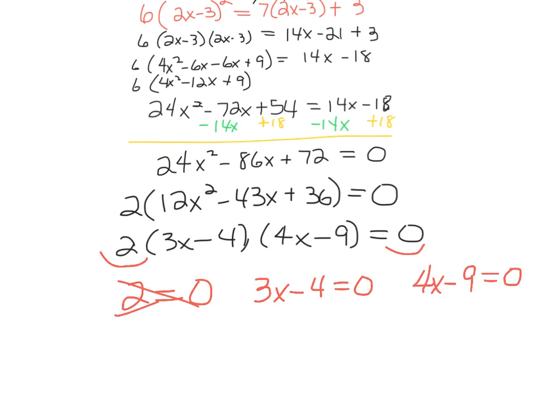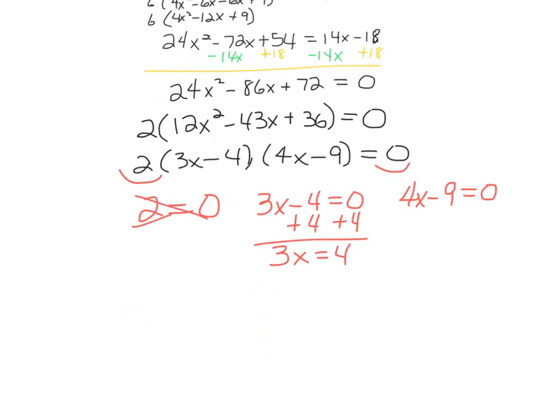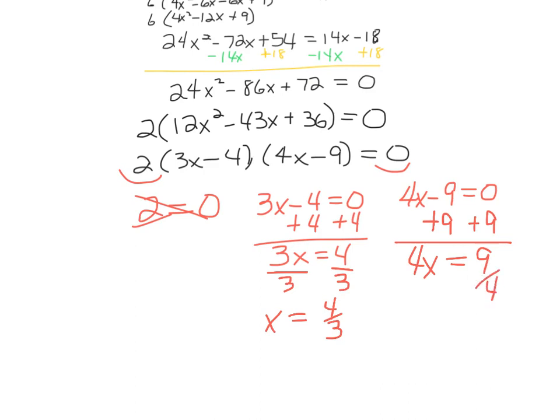I need to solve, so I add 4. 3x equals 4. I'm going to divide by 3. X equals 4 over 3. Add the 9. 4x equals 9. Divide by 4. X equals 9 over 4.